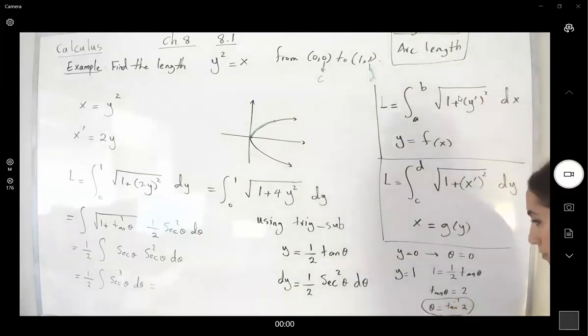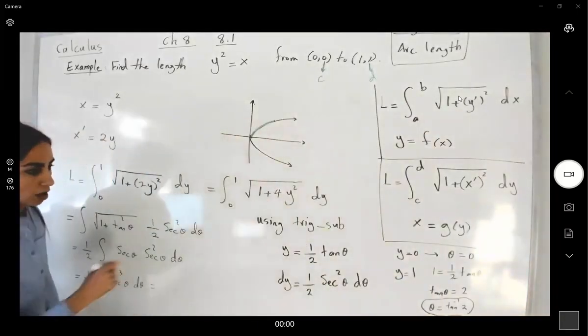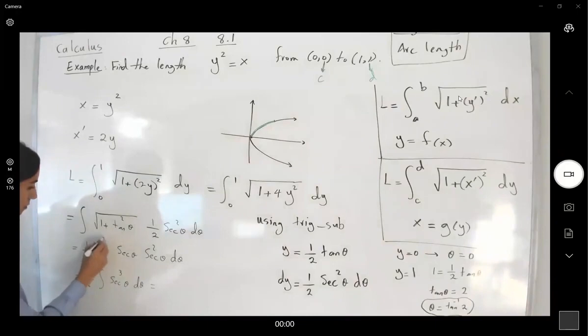And this is your upper bound. So here we get 0. Let us call it alpha, or just write it as inverse tangent of 2.